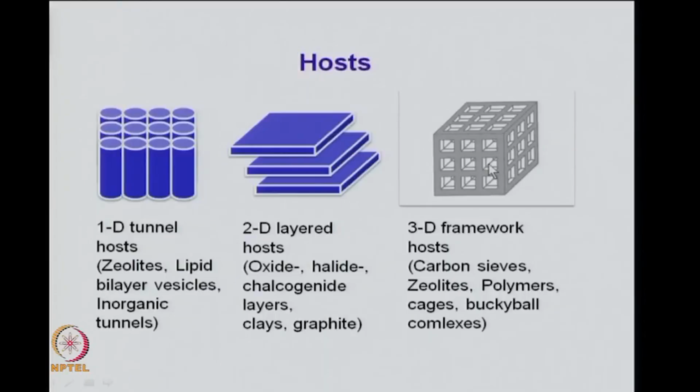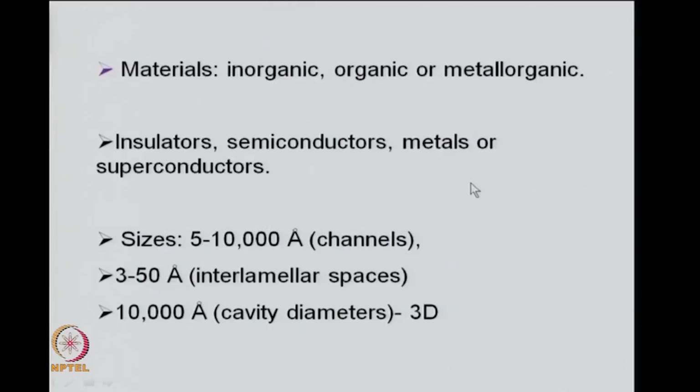Here also you can vary the cavity size depending on the choice of your carbon sieves or the zeolites or the polymers, what kind of cage you have. You can have a variety of sizes, and hence you can make very large cavity diameters. Typically they are on the larger side, and it is very difficult to get very small 3D structures.